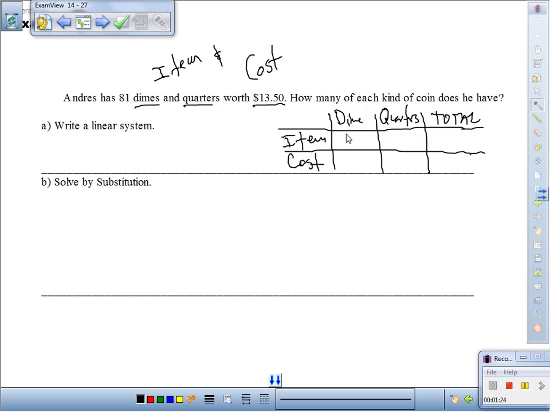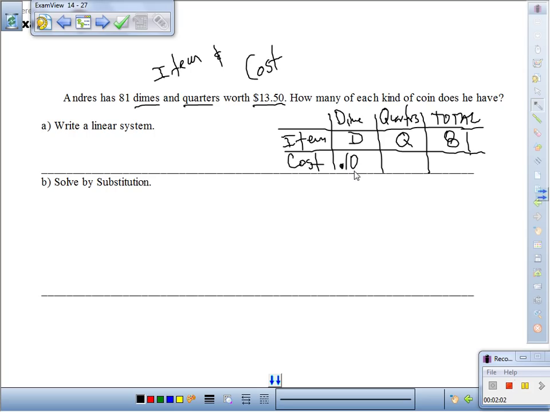We don't, so we label it D. Do we know how many quarters we have? No, so we label it Q. Do we know how many total dimes and quarters? 81.